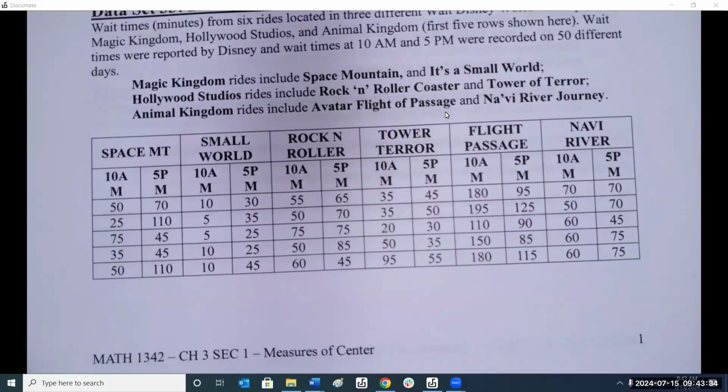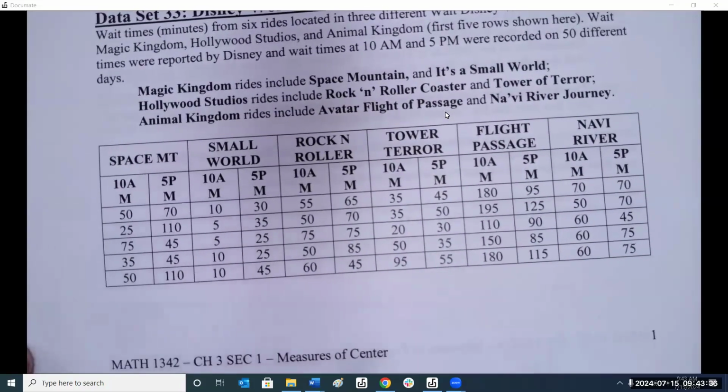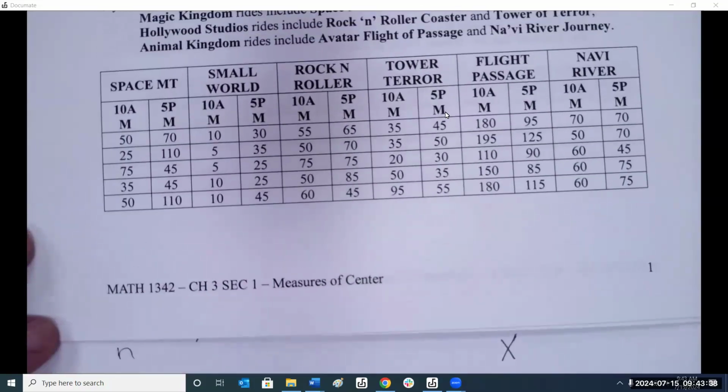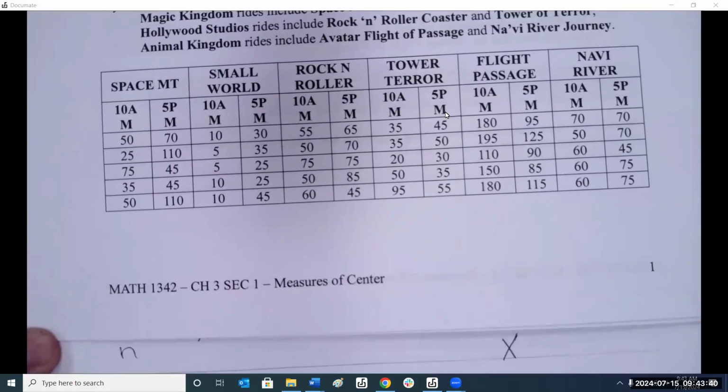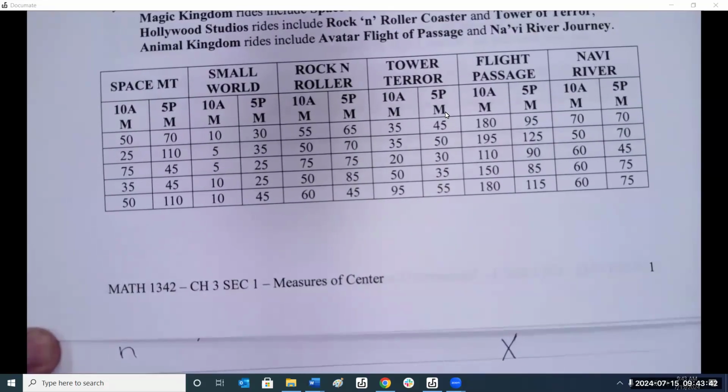So let's look at the first, Space Mountain at 10 o'clock. We're going to use that data set for right now. So our X's are going to be 50, 25, 75, 35, and 50.